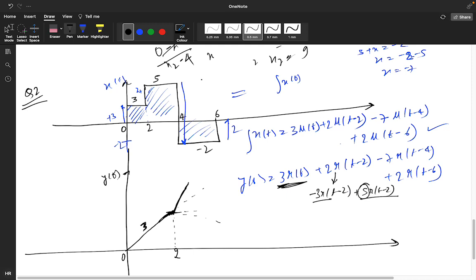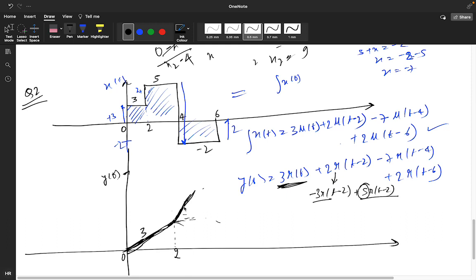So let me draw it in a good way. This is my 3. Now the curve is getting initiated.